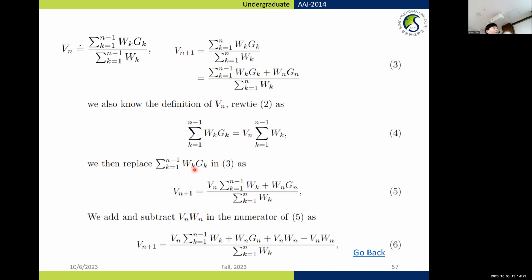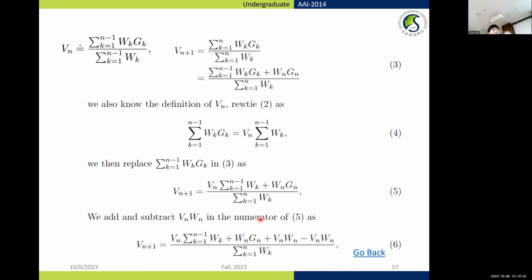We replace this part in equation 3 with Vn times the sum of Wk. In this one, we add and subtract Vn Wn. It's like a redundant value, so it doesn't change the original value, right? Plus Vn Wn minus Vn Wn.